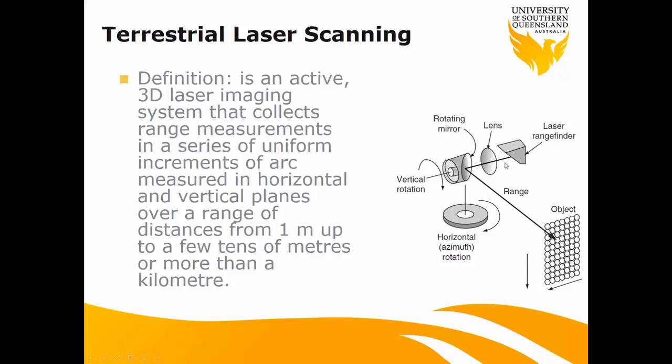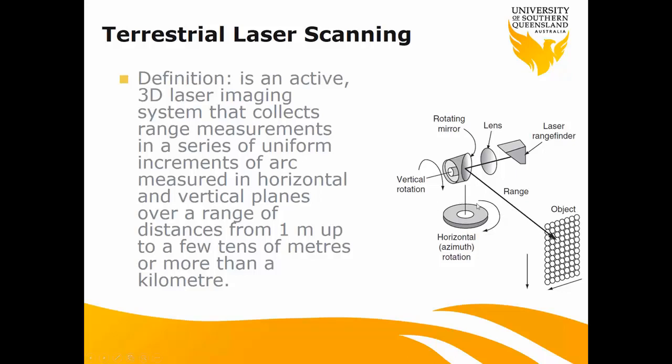These figures show you the basic principles of a terrestrial laser scanner. You can see the laser comes from here and meets a rotating mirror. This mirror is at 45 degrees to the laser beam, and so it deflects the laser beam 90 degrees from here to the target.